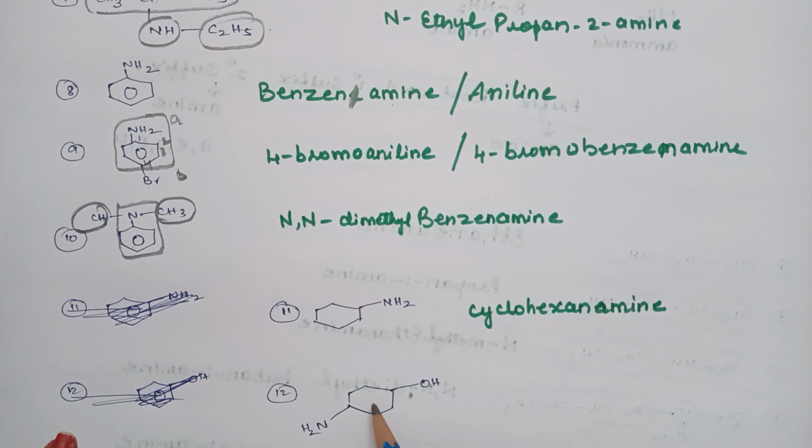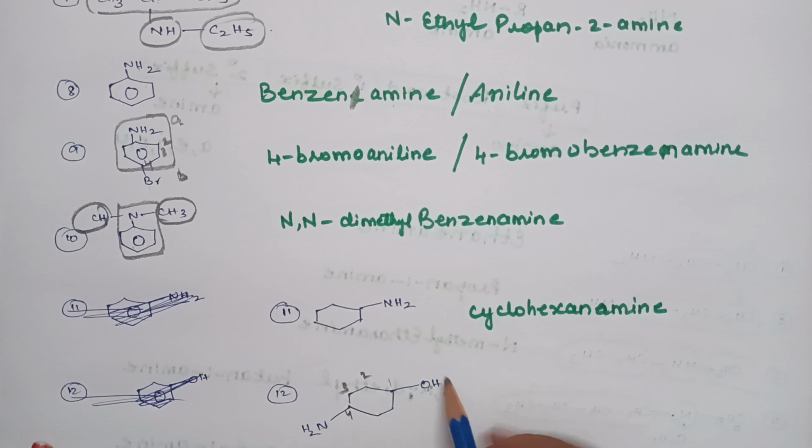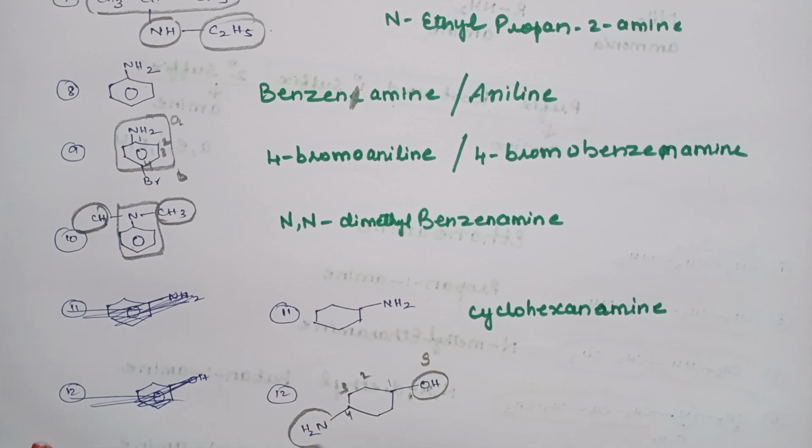And here, students, you can see there are two groups. This is alcohol and this is the amine group. This is the functional group of alcohol, so you have to give preference to the alcohol group. Number from here 1, 2, 3, 4. Now this becomes the suffix, this becomes the prefix.